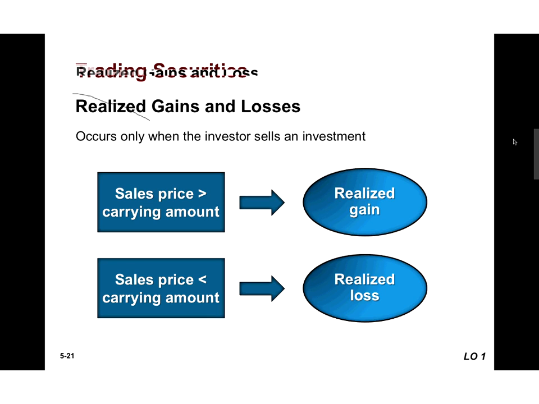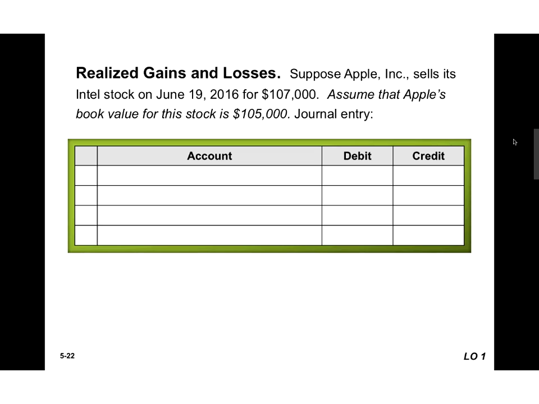Okay, so let's assume that Apple sells its Intel stock, so now it's actually selling the stock for 107. Assume that the carrying value for the stock, or the book value, is 105. So we're just giving it a carrying value of 105. If you have the slides that you downloaded, I added the sentence about assuming that the book value for the stock is 105.